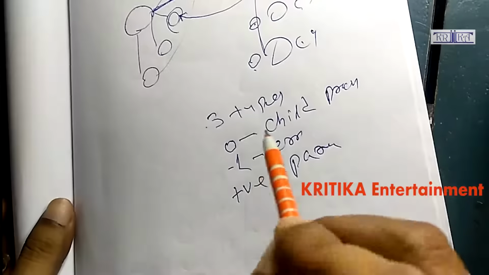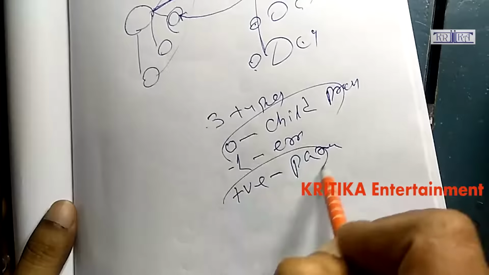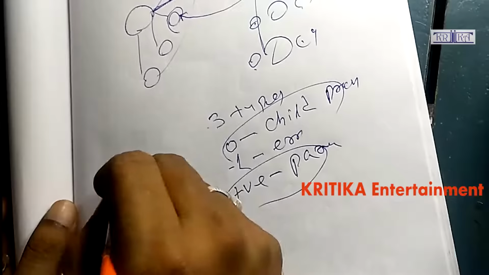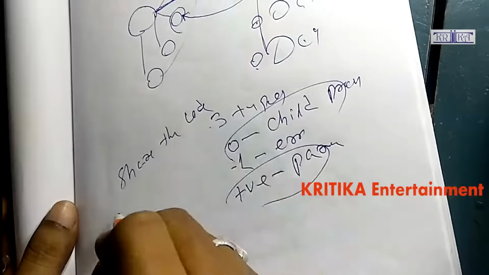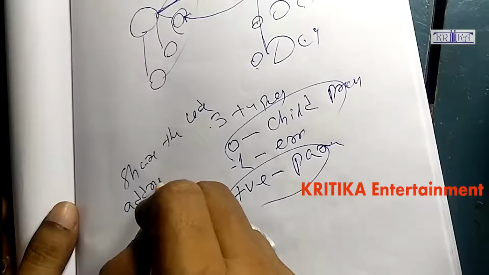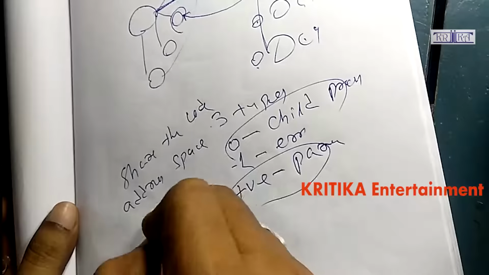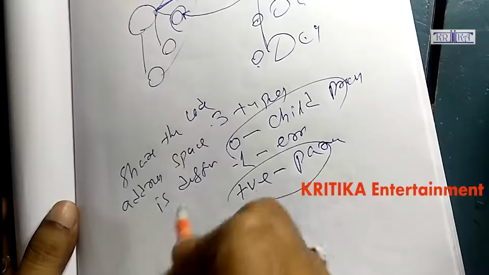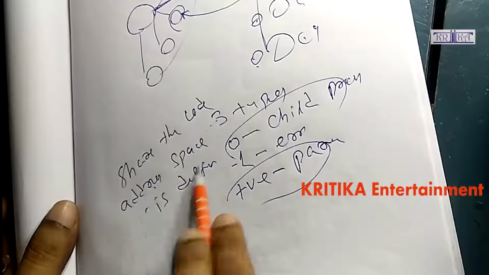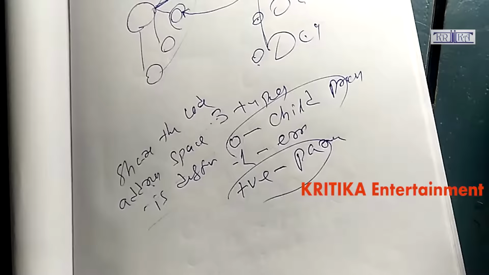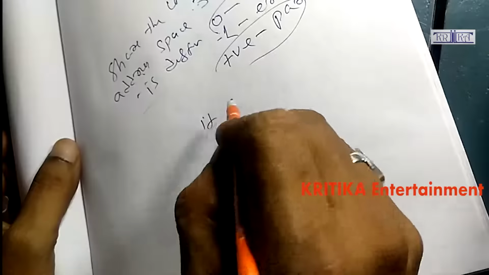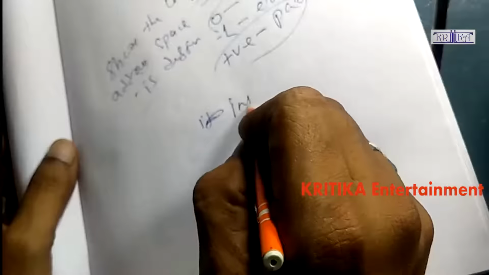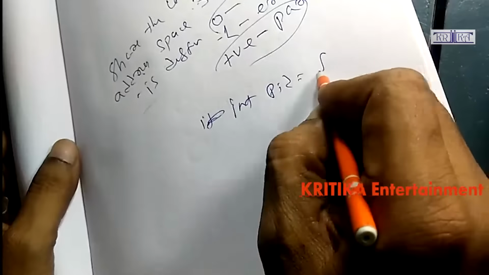So remember, your child code and parent code are both the same. That means they share the code, but their address space is different. Remember one thing: suppose we are calling the fork function, int pid is equal to fork.